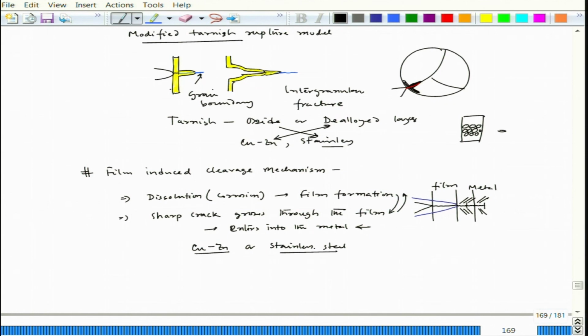In this case, the film could be a porous layer that is forming. We have already seen dealloying. Since the dealloying creates very small, tiny nanometric size pores, those pores can combine with the growing crack, and that can make a very sharp nature of the crack tip.